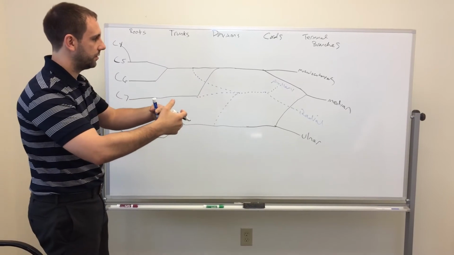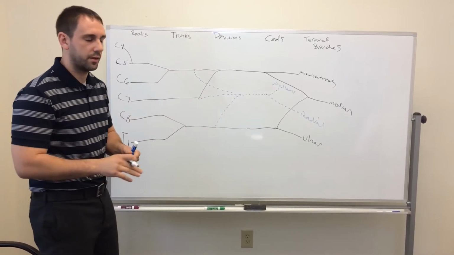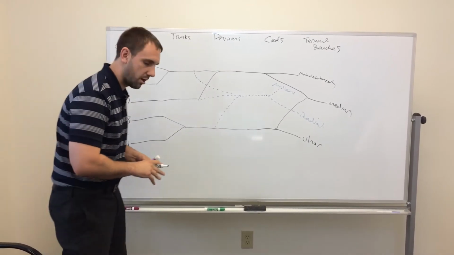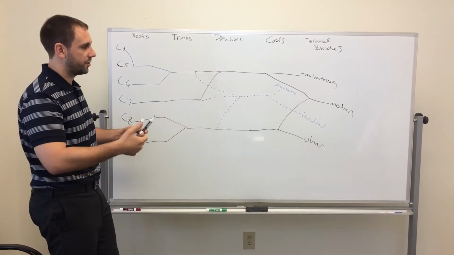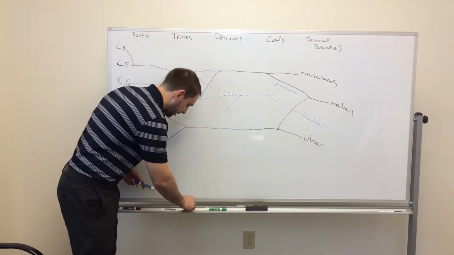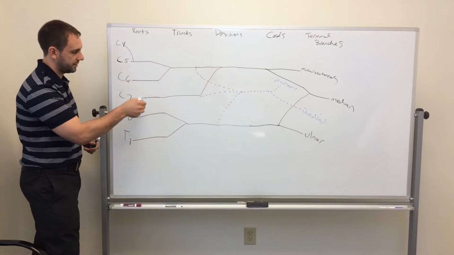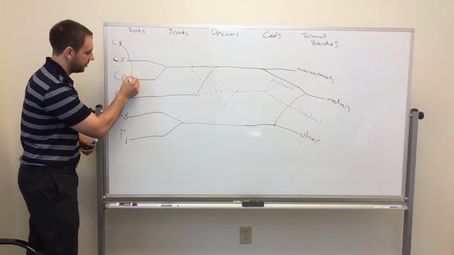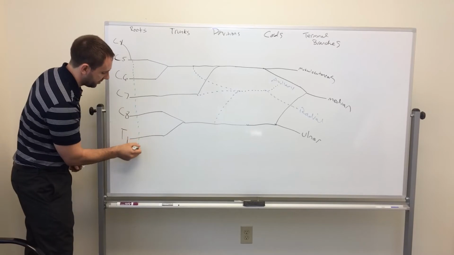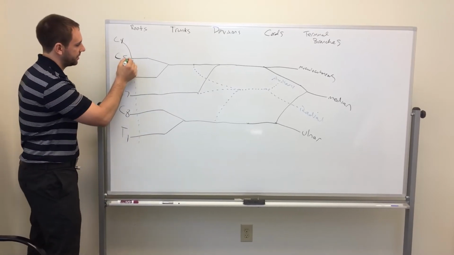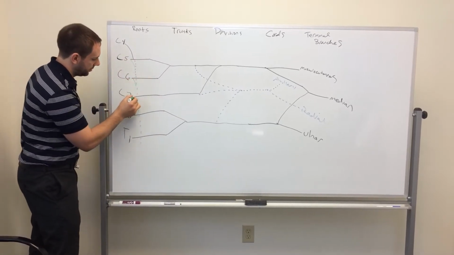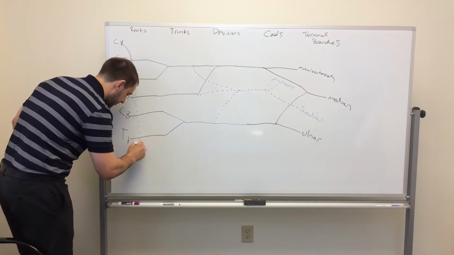Prior to the terminal branches forming from the brachial plexus, there are some nerves that branch off prior to these terminal branches forming. So those nerves are as follows. From C5, C6, and C7, really close proximally here, so this would be deep to the scalene muscles, the anterior scalene, we have the long thoracic nerve.